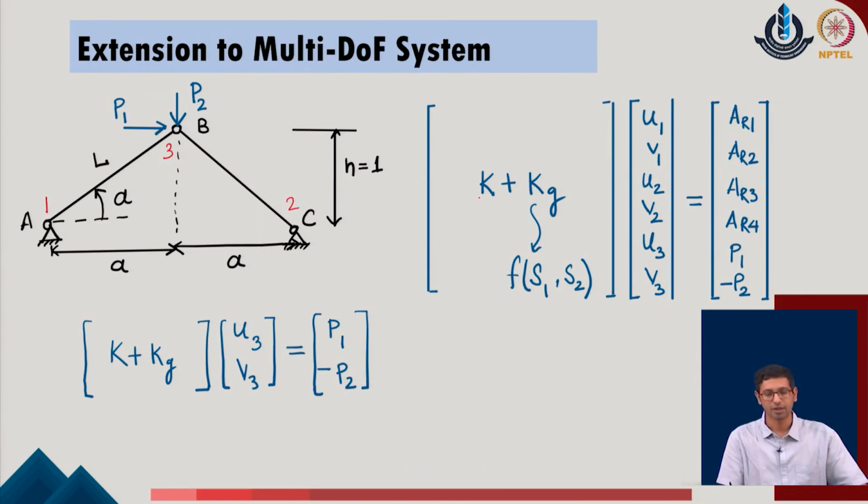Now, the next part, we add the K plus Kg with respect to the overall system as I contributed, and that comes out with respect to all the degrees of freedom into the forces of the given system. The individual Kg, as I already said, will come out as a function of the member forces in the two members of the system.